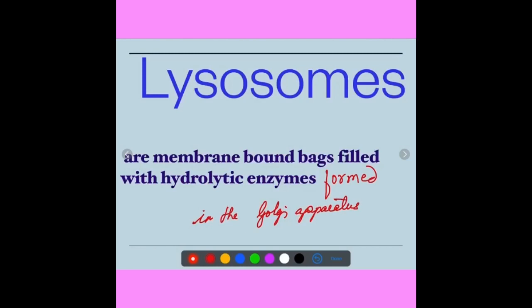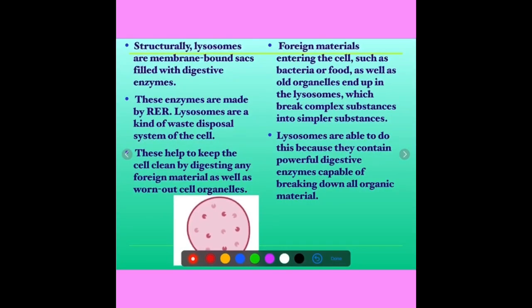They are filled with hydrolytic enzymes. We can call them digestive enzymes, and as the name signifies, they perform the function of digestion. What is digestion? Digestion is breaking of larger molecules into smaller molecules.